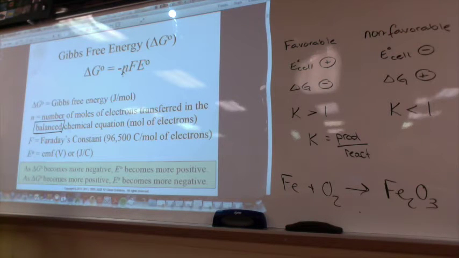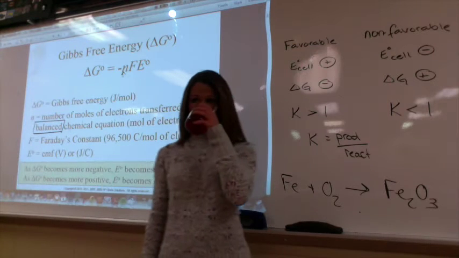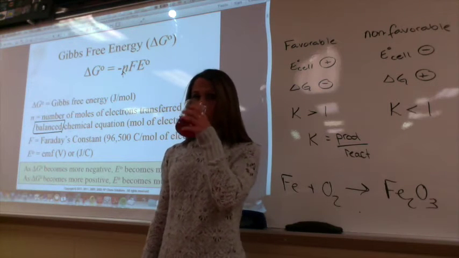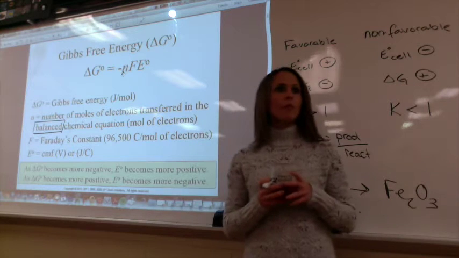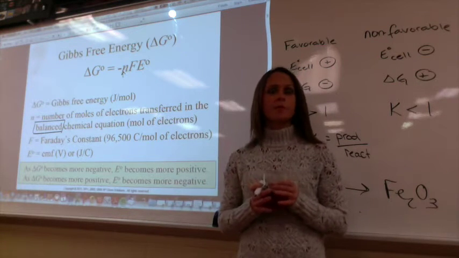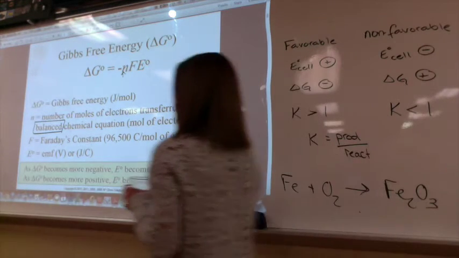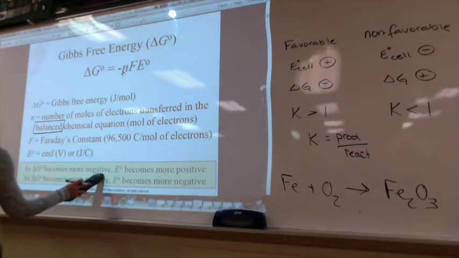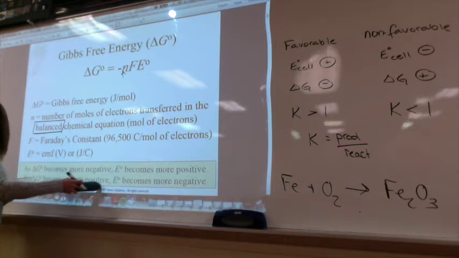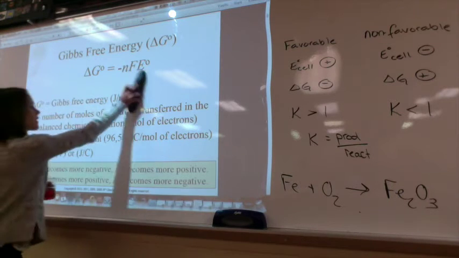Has to be from the balanced equation. All right, so let's just try to use it. Oh, the last thing it says here is that delta G becomes more negative as E becomes more positive, right? As voltage increases, the reaction's more spontaneous, we're going to say, so it's more negative. And then the opposite is true.